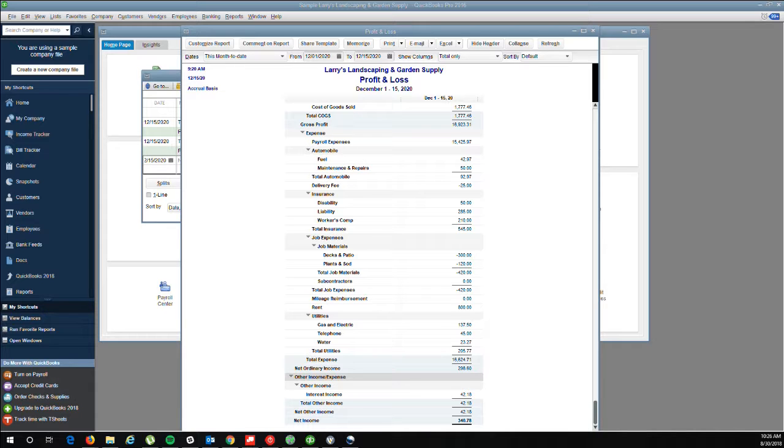Something interesting about telephone, and again, I may or may not break out utilities depending on what the client wants from me. Interesting thing on telephone, if you are like most of us today where you're self-employed and you use your cell phone for everything, the IRS will allow you to deduct, unless they've changed it again, not the first line, but any line that comes into your home.